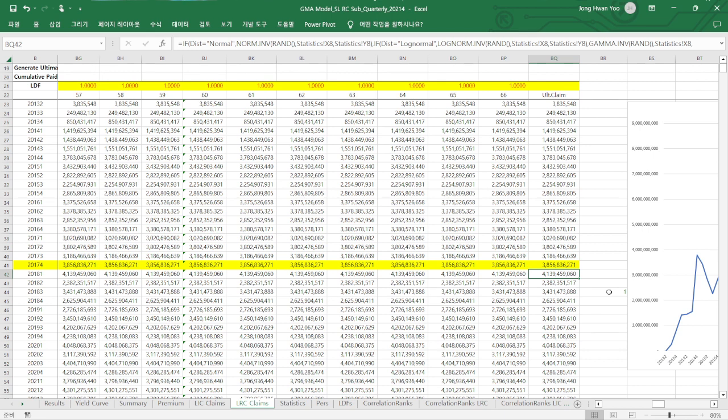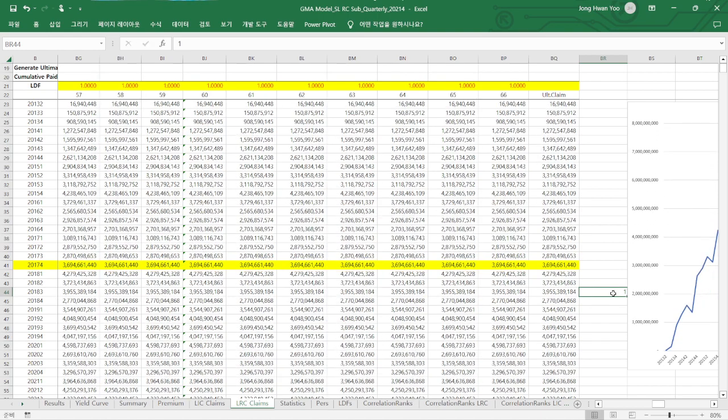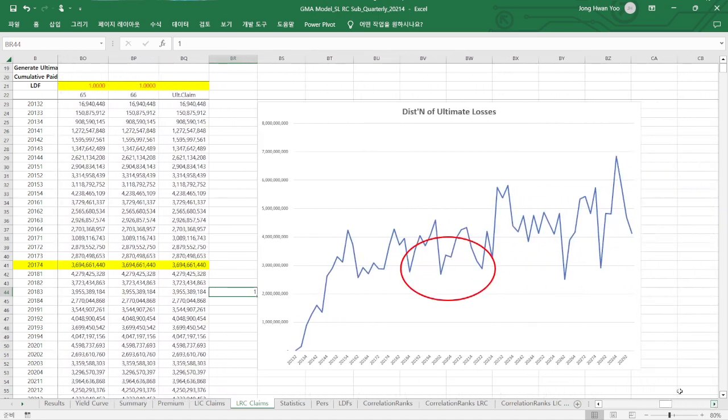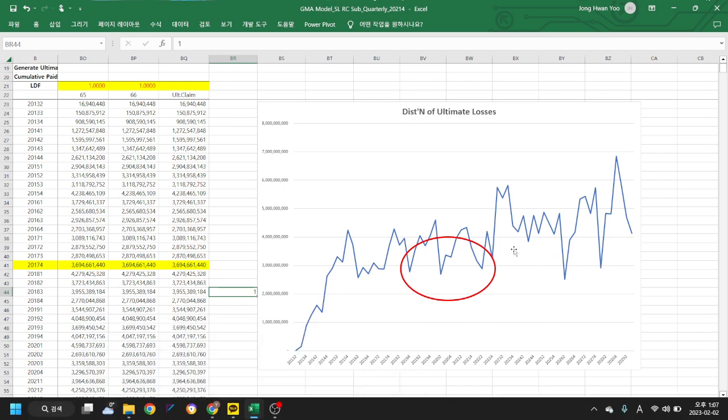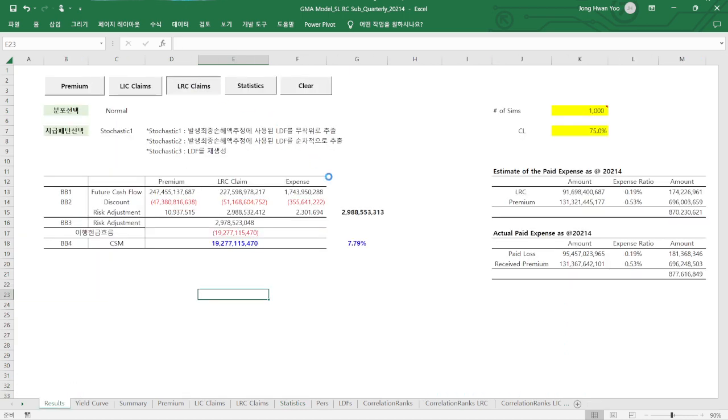When I run it 1,000 times using Visual Basic, I come up with this distribution. It looks like just a value, but when you hit it, it creates a whole different distribution, and I just draw the picture like this. This one I put here: no COVID-19 effect, it's the same. If I run it, it gives me the graph of the future ultimate loss.